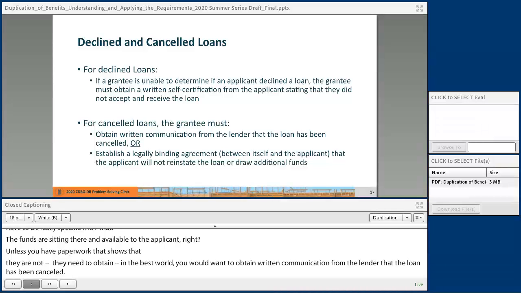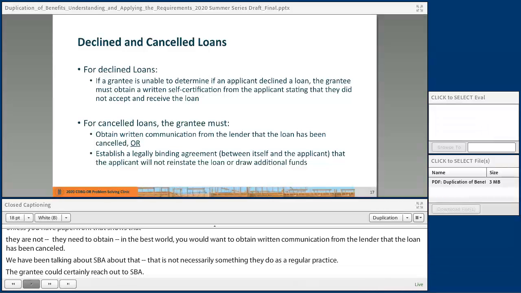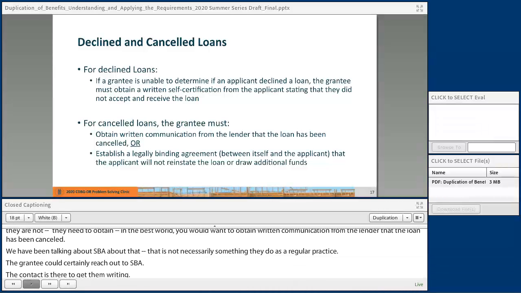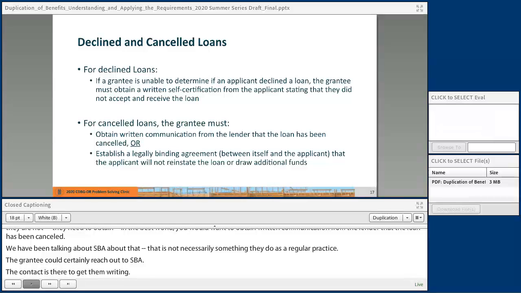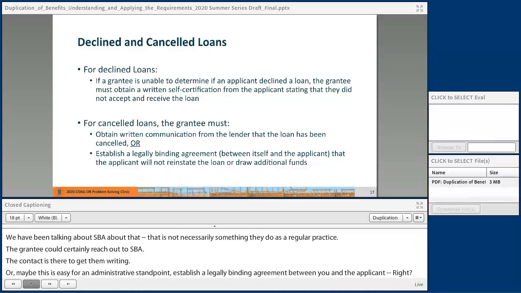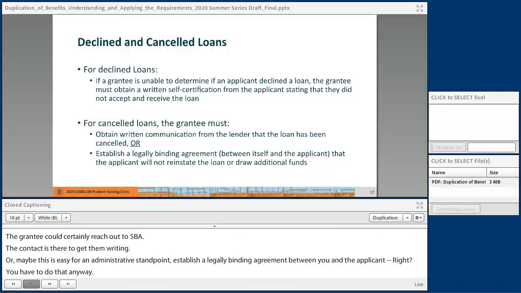Or, and maybe this is easier from an administrative standpoint, you establish a legally binding agreement between you and the applicant, which you have to do anyway. But in that agreement, you're going to make sure that the applicant states that they will not draw down those loan proceeds that have been undispersed, that are sitting in an account somewhere with the SBA. They have to agree not to draw those additional funds down, and you need a legally binding agreement to do that.